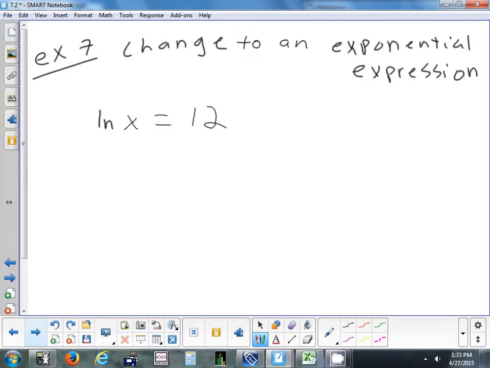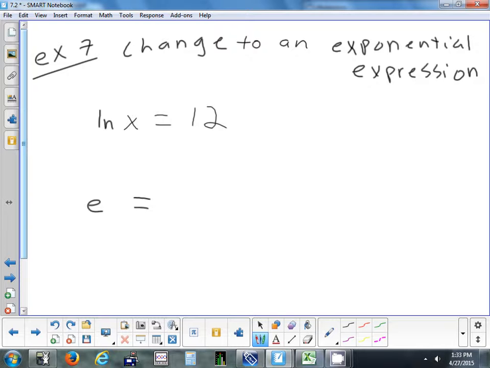So this one's pretty much the same thing. We can go through it. Okay, Brett, could you give me the whole thing? My base, my exponent, and what goes on the other side? Or maybe just the base. Let's start with that. E is my base. Good. Okay, Antonio, how about my exponent? 12.